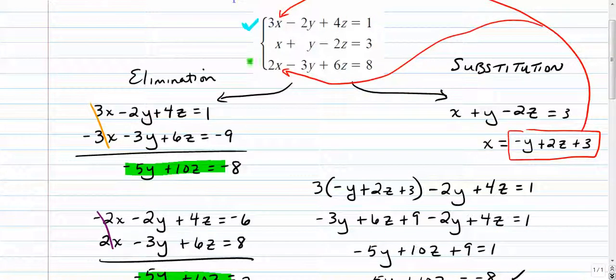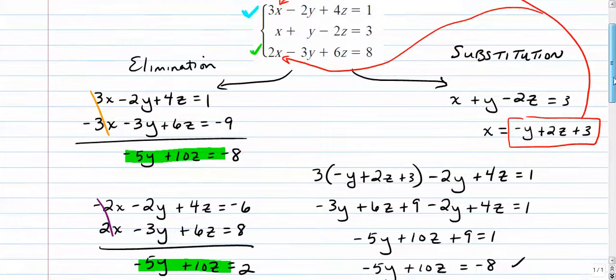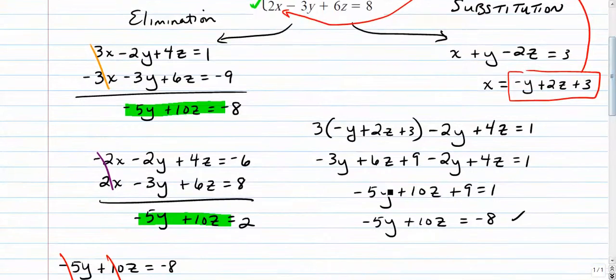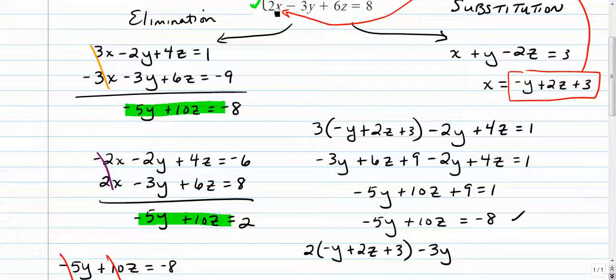Alright, so that was the result of substituting our red little box back into this equation. Let's do the same thing for the third equation. We're going to rewrite this whole equation, and instead of using the letter x, we're going to replace it with that box. So here we go. 2 times negative y plus 2z plus 3. We're back to the original equation, minus 3y plus 6z equals 8.